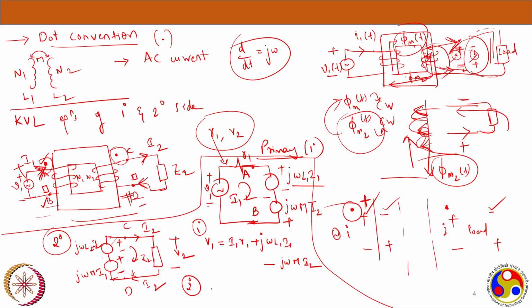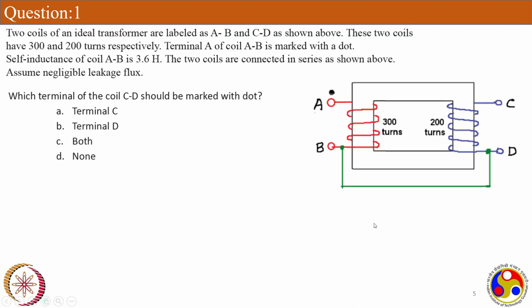I can start from here: j omega L2 I2, starting from the self inductance part, plus I2 R2, plus V2, minus j omega M I1 is equal to 0. So it's a simple two KVL equations.